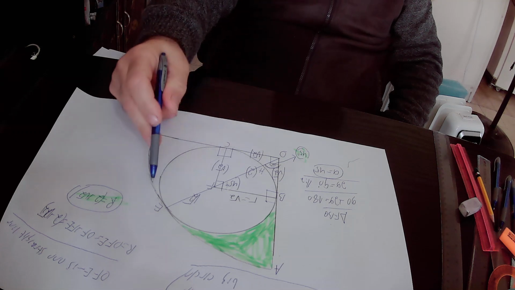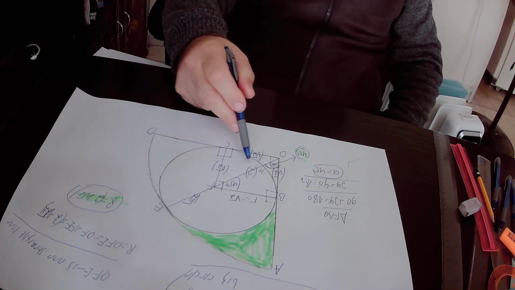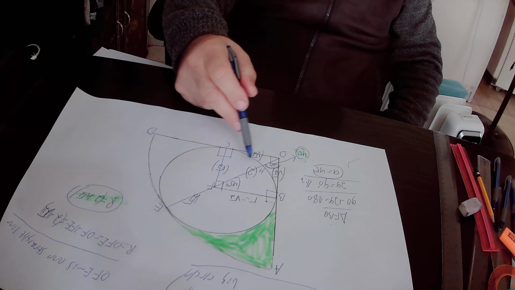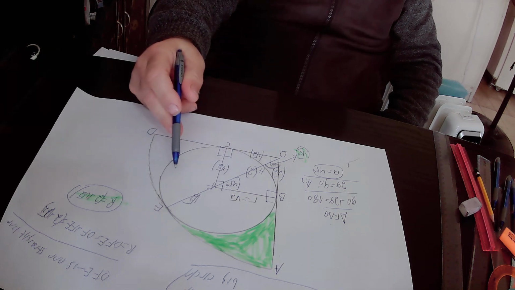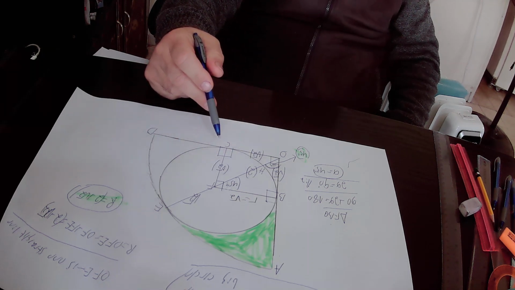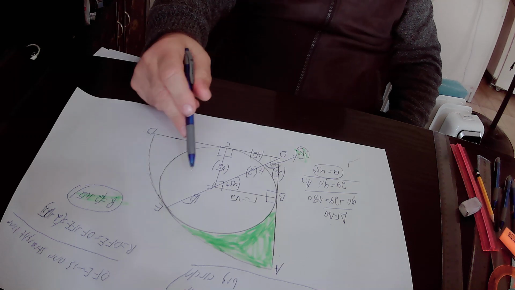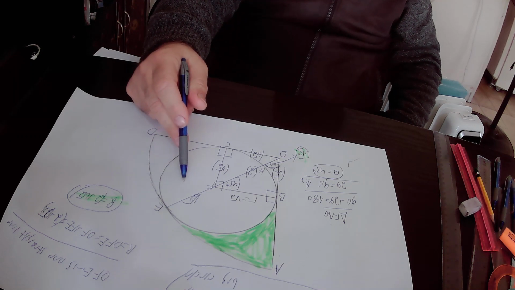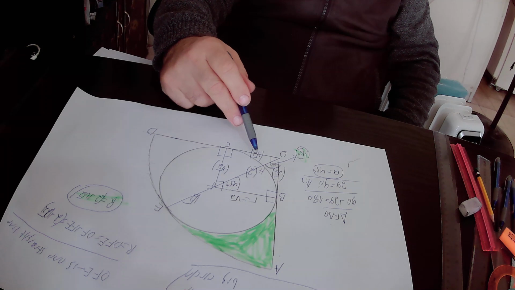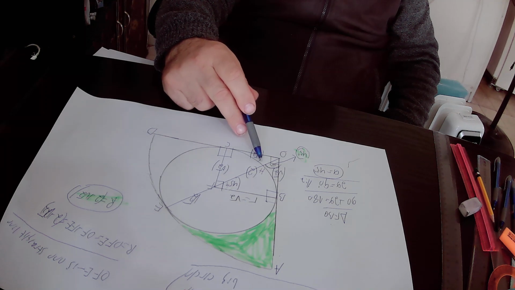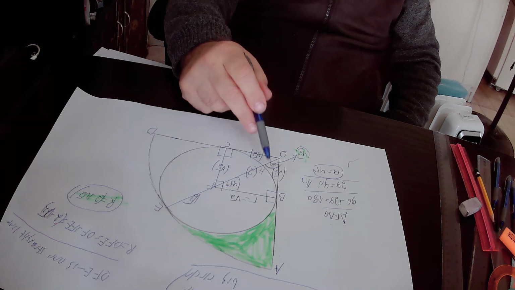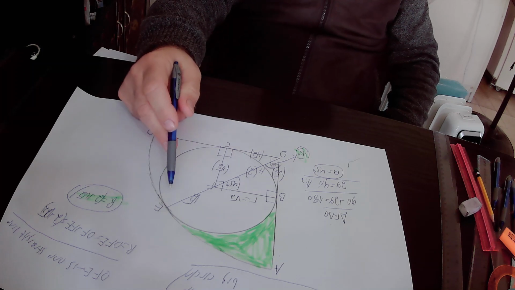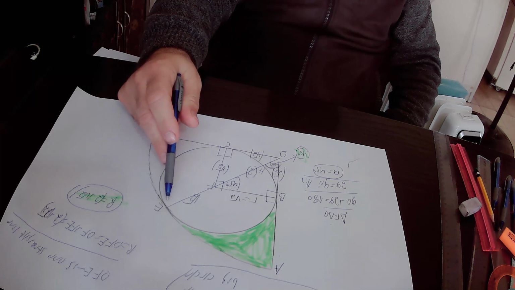If OFE is one straight line, it means that HFE is also one straight line, because HFE is part of OFE. So HFE is a straight line that touches the small circle at 2 points, here at point H, and another point here at point E.